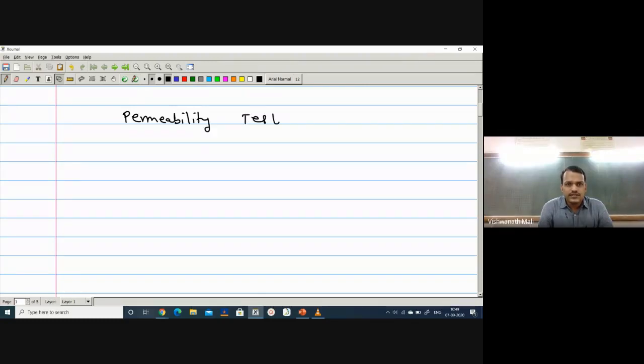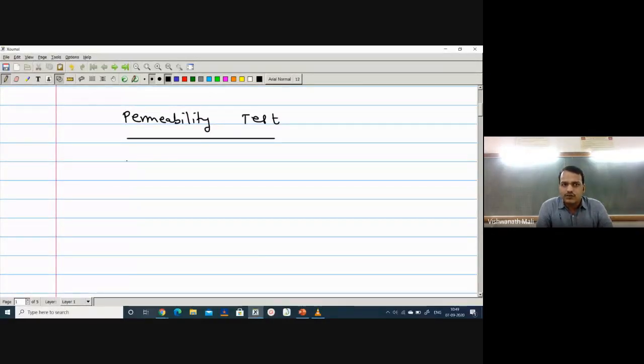We have seen we require permeability of molding sand to allow escaping of gases, water vapor, and air, whatever is entrapped in the molding sand. That should escape from the mold, so it should have a good permeability. To check the permeability, we need to take the permeability test.